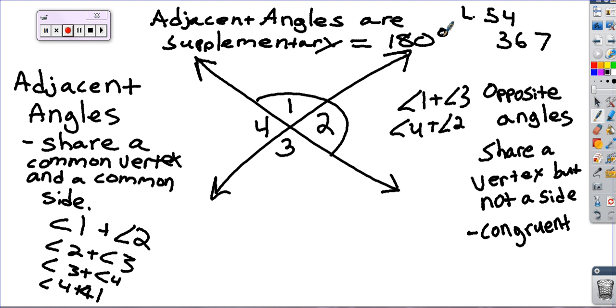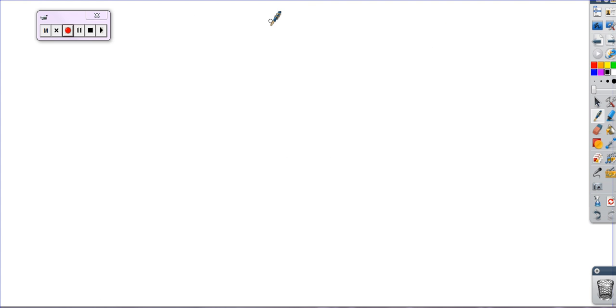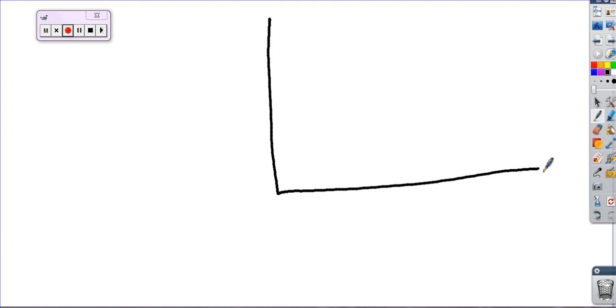All right, got all that? All right, so let's put that to some sort of use. To put that to some sort of use, draw this shape, please.